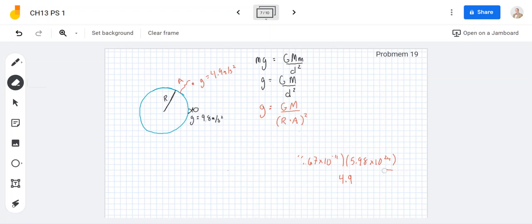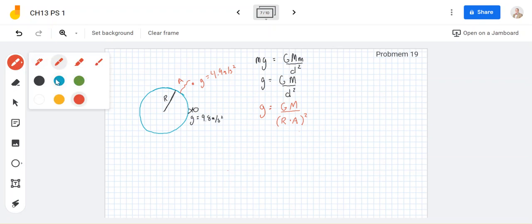It's funny, sometimes working in variables is the easiest way to go, and then sometimes working in variables is not. So let's look at what we have here. If I take a step back and I just look at this, I know that d squared from this equation here is going to be equal to GM over little g.